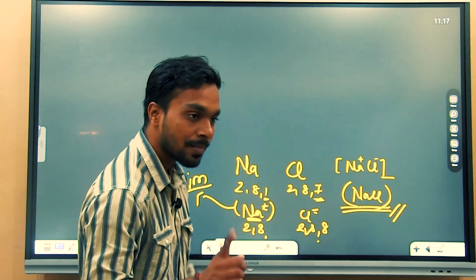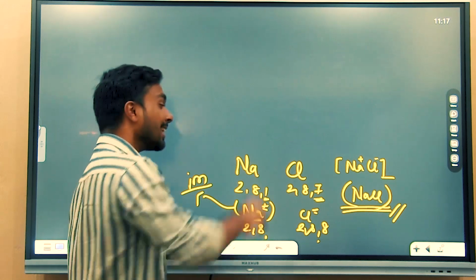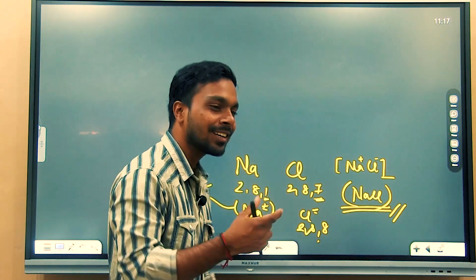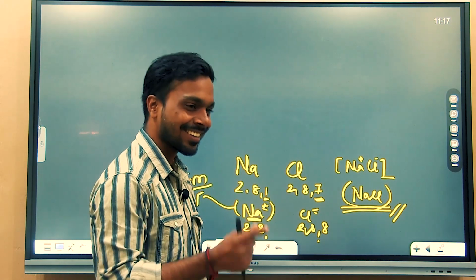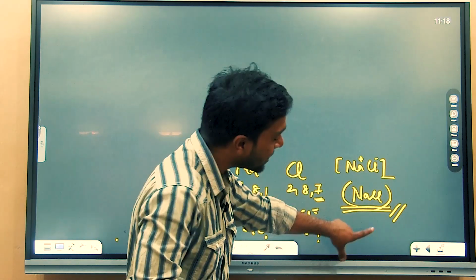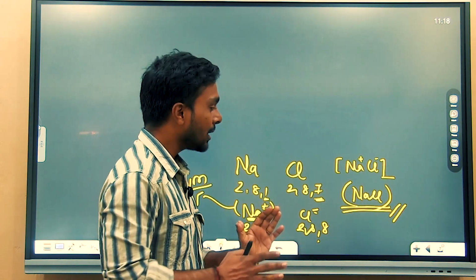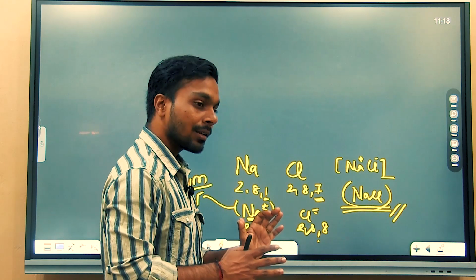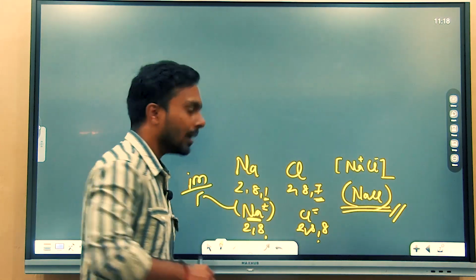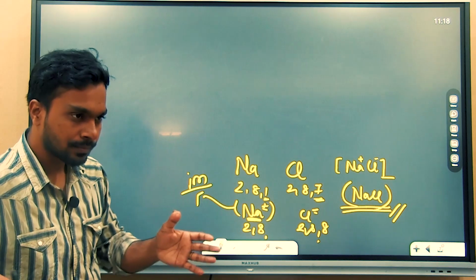NaCl does not have covalent bond, but it may consist of covalent character. समझ में आया? This may consist of covalent character, but it does not have covalent bond. Exactly.